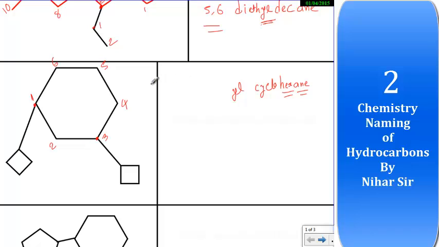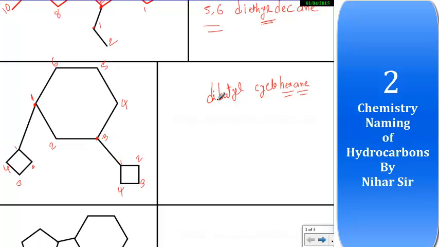Now I will write how many carbons are there in the branching off. So 1, 2, 3, 4. Here also 1, 2, 3, 4. So I will write butyl, right? Now before butyl, I will write di, because there are two places where there is branching off.